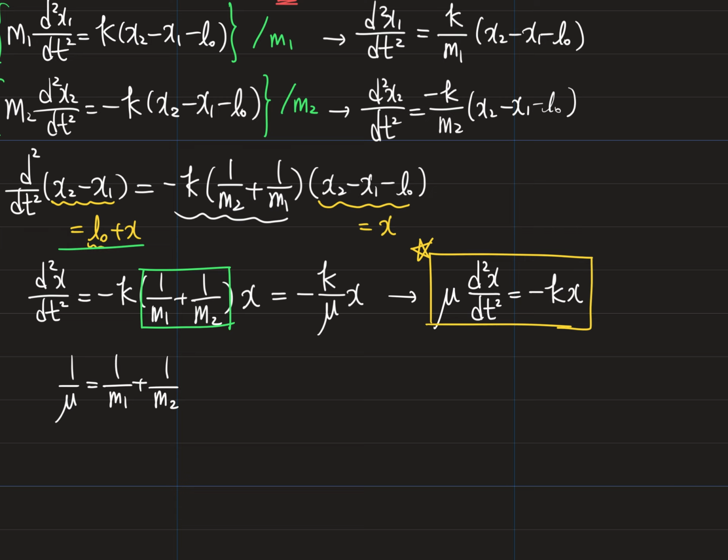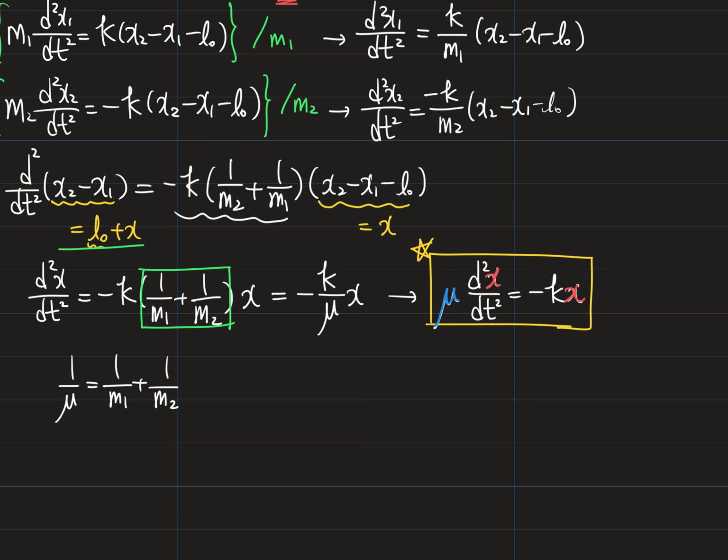And this describes the time evolution of position x, and x is related to the deviation from the equilibrium length. So deviation from the equilibrium means that this motion describes the vibration, right? So this is the equation describing the vibration.